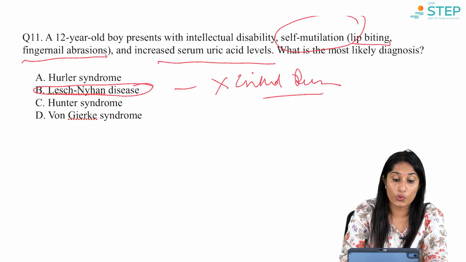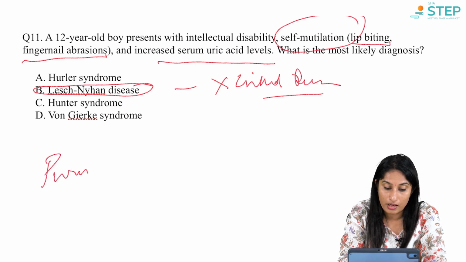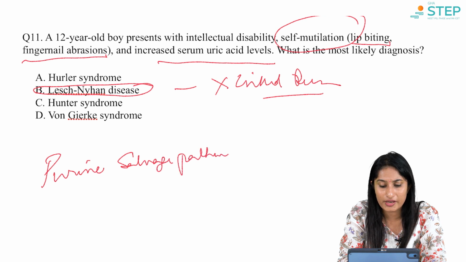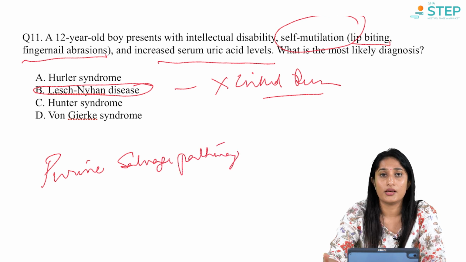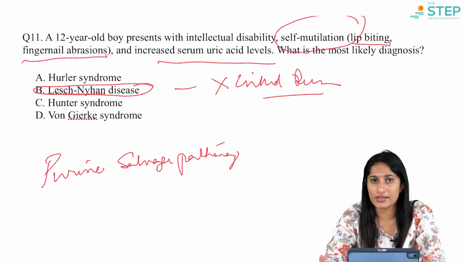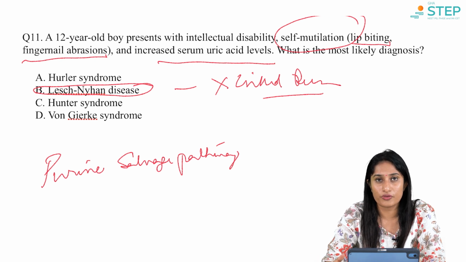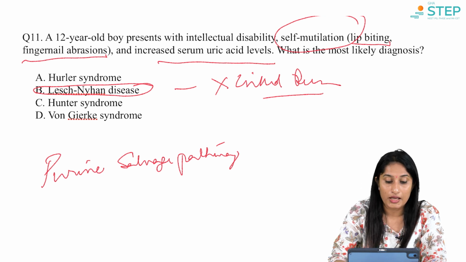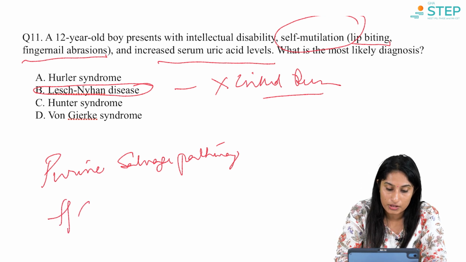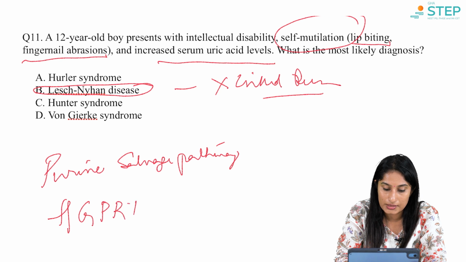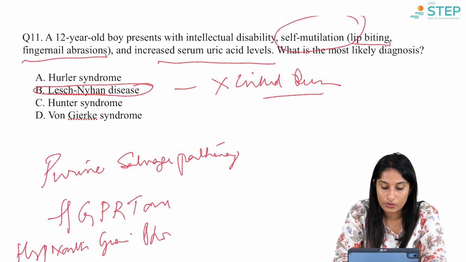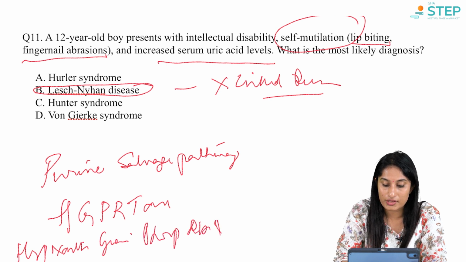Lesch-Nyhan disease. The pathway in which we encounter this disease is the purine salvage pathway. What is salvage? It is to save the extra purines which have been constantly degrading. The body collects all of it and forms new purine. So, purine salvage pathway. What is the enzyme of this pathway? HGPRTase, that stands for hypoxanthine guanine phosphoribosyl transferase.